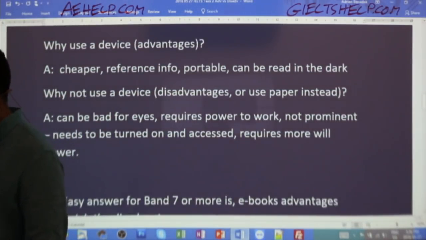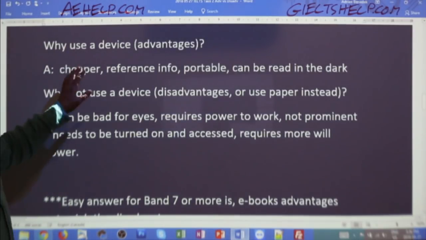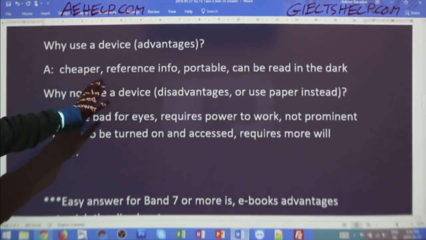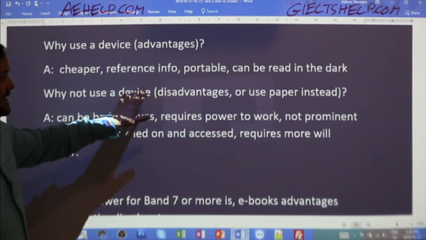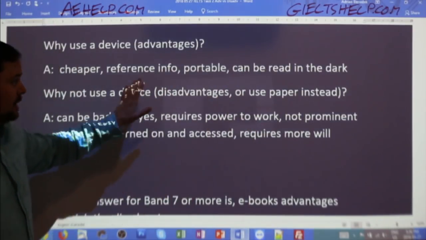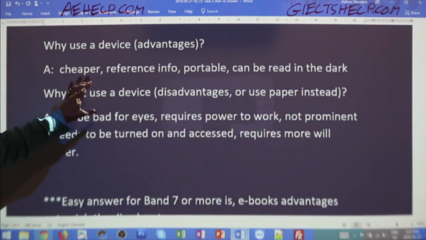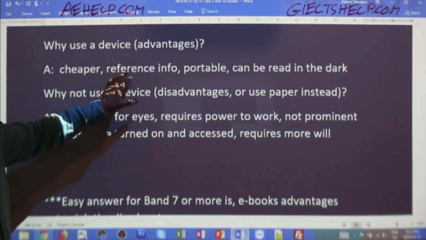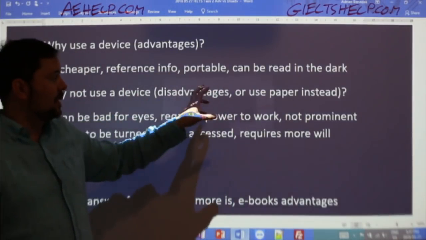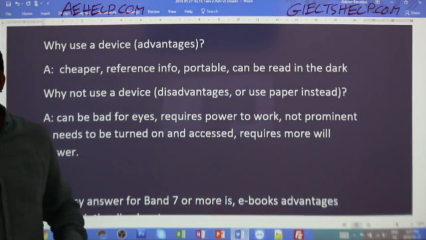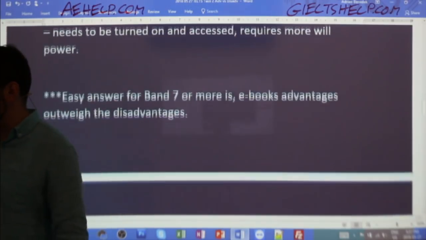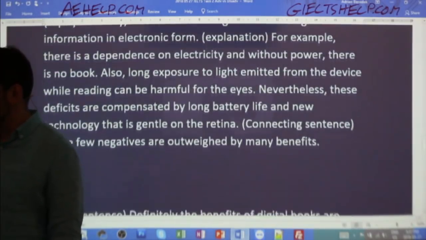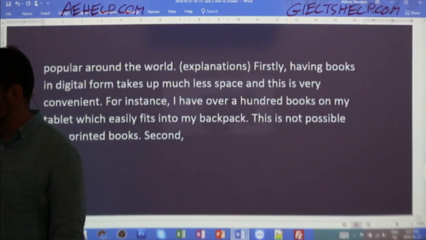So here, why use a device? We already brainstormed this. We wrote down a couple of good ideas. Again, stick to these main points. You don't need to go into a lot of detail. You just want to do what I just did. So pick one that you think is good for second. Write a sentence. Give an example. All right? So I'll leave this one to you.